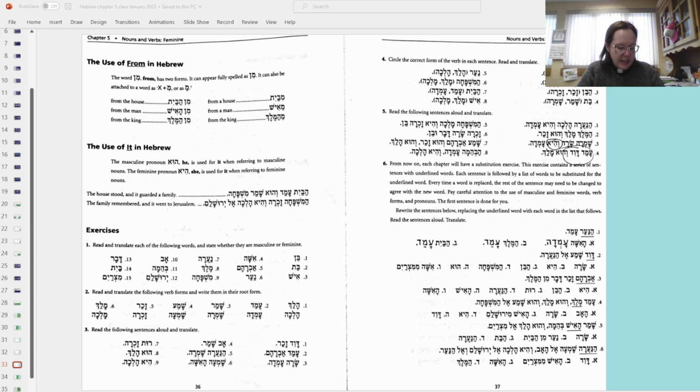Number 7 is na'ara. We just had the masculine form in the previous number 6. So this one has the alef and hey at the end, so that is young woman and it's feminine. Number 8 is melech, and that means king, which means that it's masculine. Number 9, mishpacha.